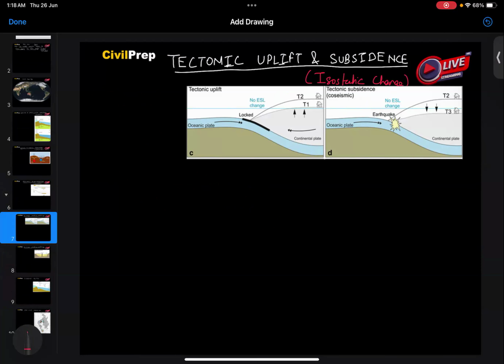Here we'll be seeing that there is an oceanic plate which is getting subducted under the continental plate.